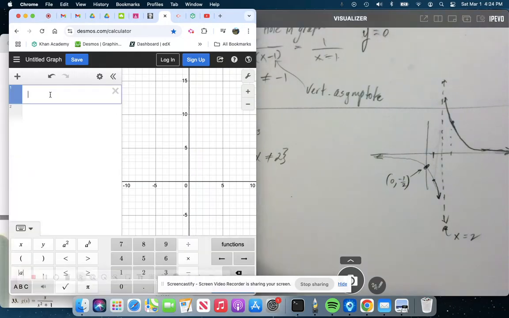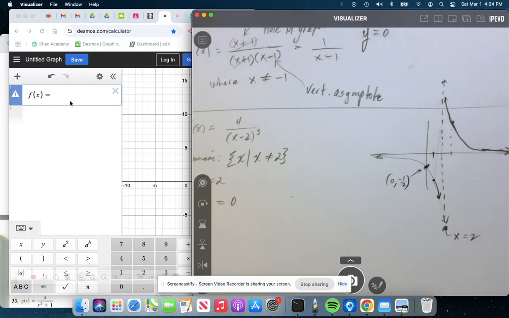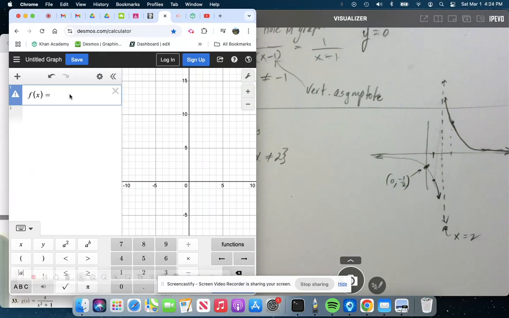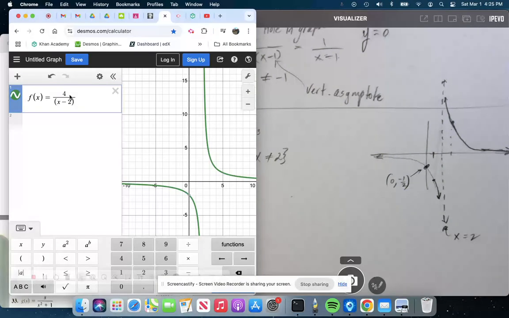So we'll do f of x equals 4 over x minus 2, raised to the 3rd power.